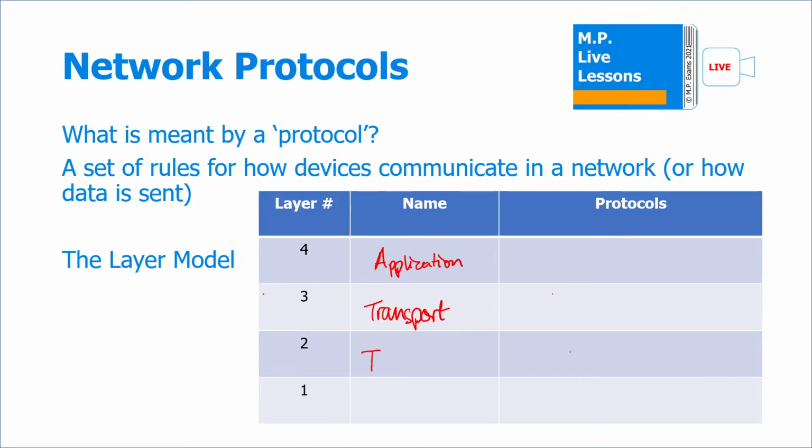Next, layer 2 has the internet layer. And then layer 1 has the link layer. What these layers do is they do a very similar job without worrying about what happens in the other layers. So data will get sent up or down each layer like this.